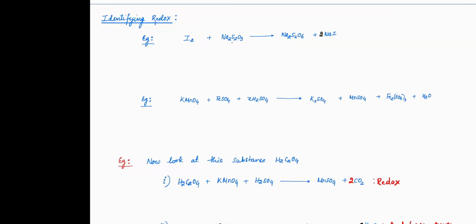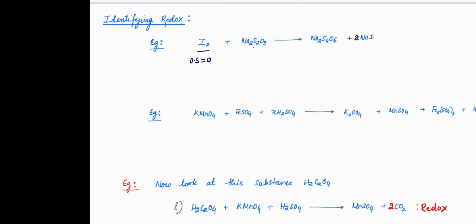For example, if you take I2, this is in a pure form. For a pure form, the oxidation state here is 0. Okay, I would suggest you do this simultaneously with me. So the oxidation state of iodine here is 0. Next, Na2S2O3. Now notice it again.